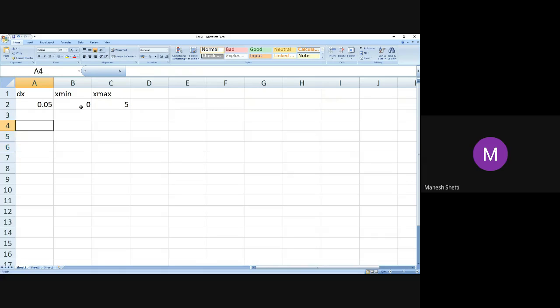Now let me write x here and f of x here. Whatever f of x is, I will write that there. The first value of x is going to be the x minimum value, so I'm directly clicking on B2 and entering that.